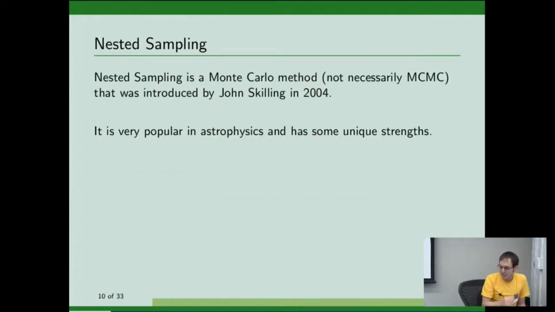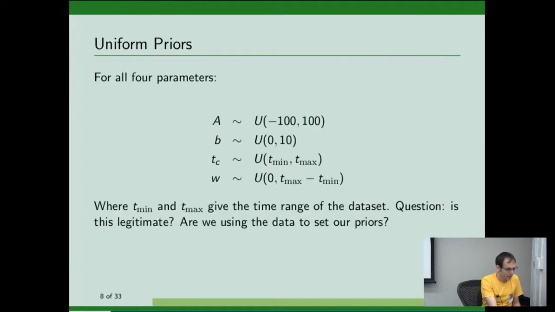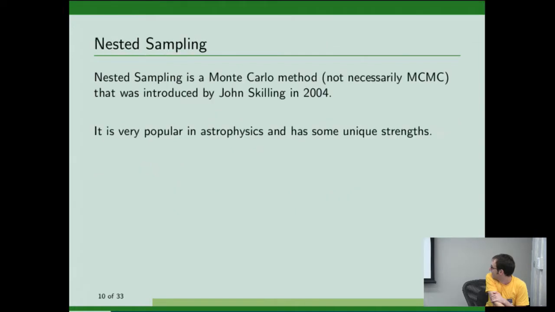Okay. So instead of just doing an MCMC method to explore the posterior distribution for these 4 parameters given the data, I'm going to discuss nested sampling, which is an alternative method, and it does 2 things. Instead of just sampling the posterior, it samples a sequence of probability distributions, the first of which is the prior.